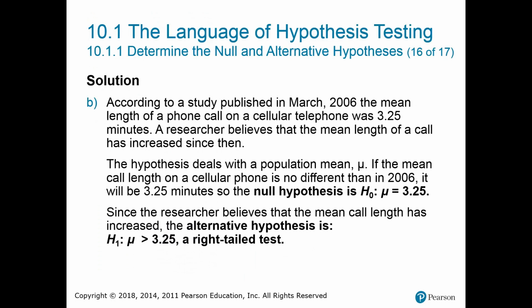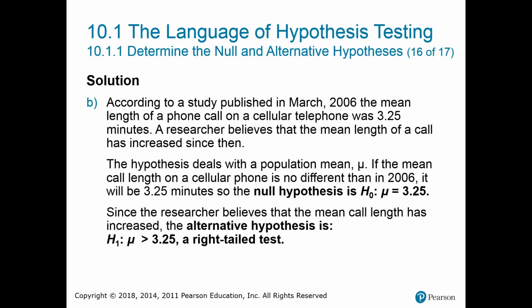For B, according to a study published in March 2006, the mean length of a phone call on a cellular telephone was 3.25 minutes. A researcher believes the mean length of a call has increased since then. The null would be there is no change, that our mean is 3.25.